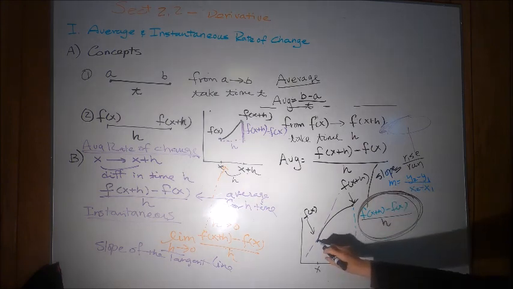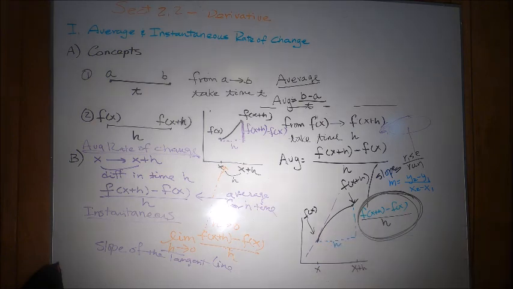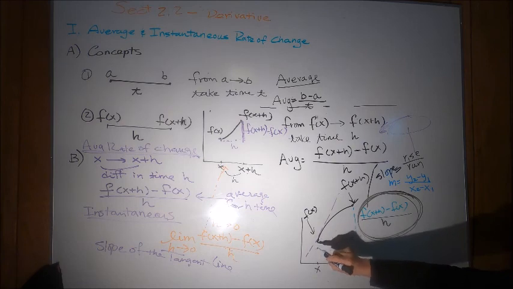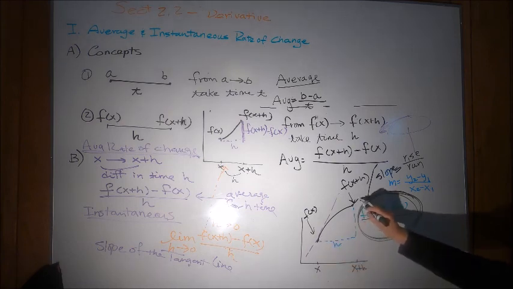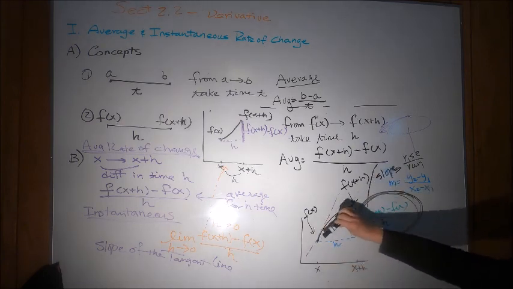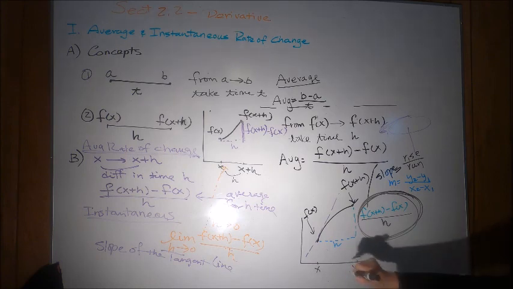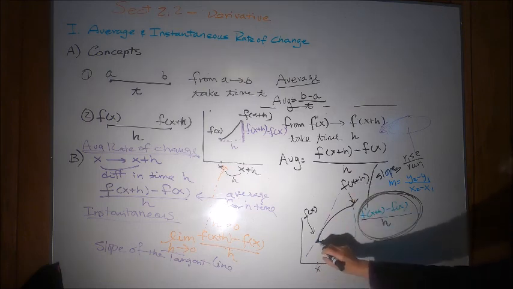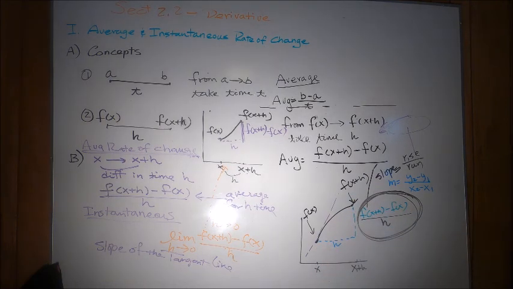At this point, how do we calculate it? So the slope of the tangent line, but we are talking about the slope just from here to here. Actually, the line looks like this. But when h is very close to the x, then it becomes a tangent line at that point.